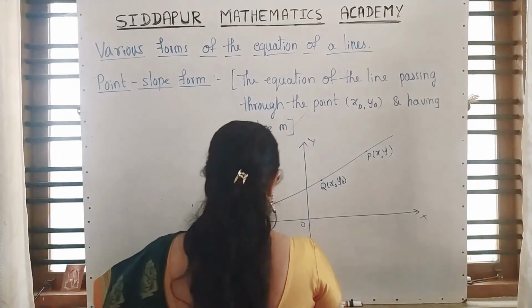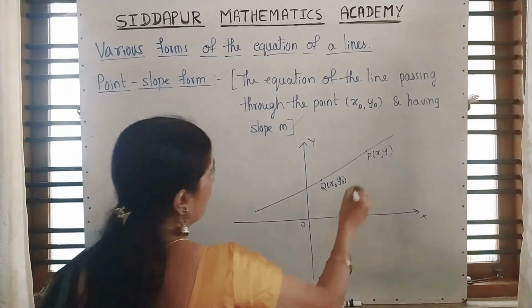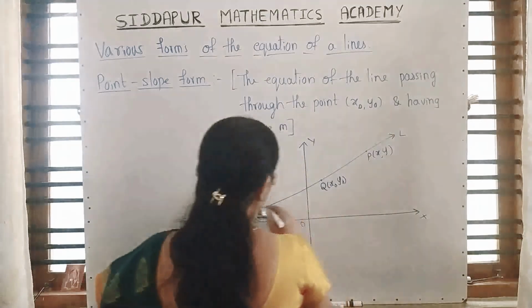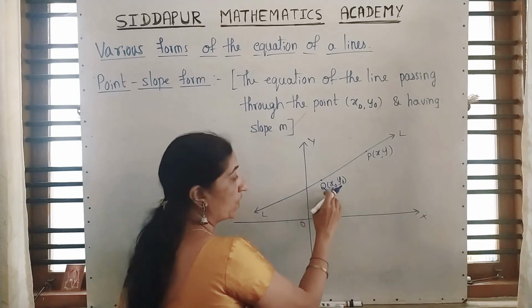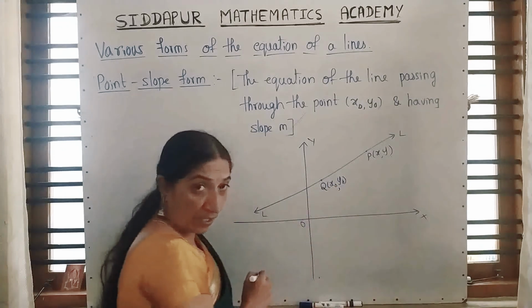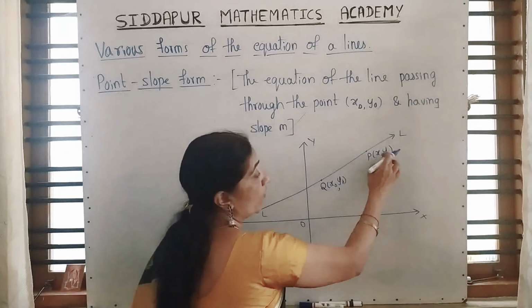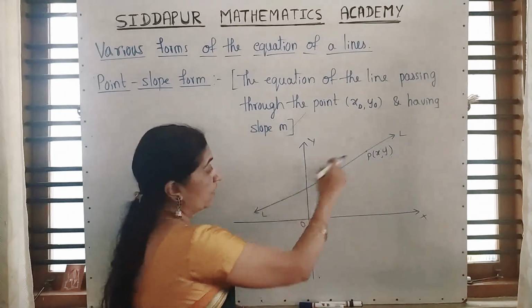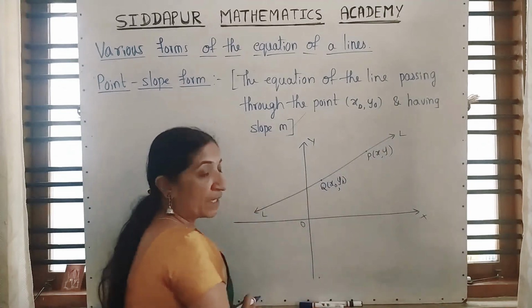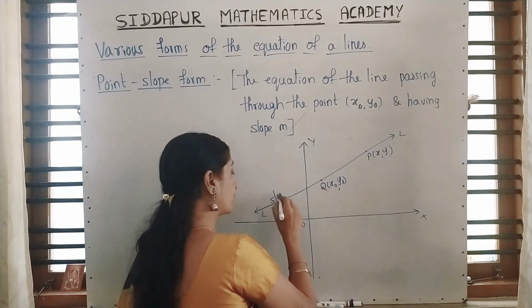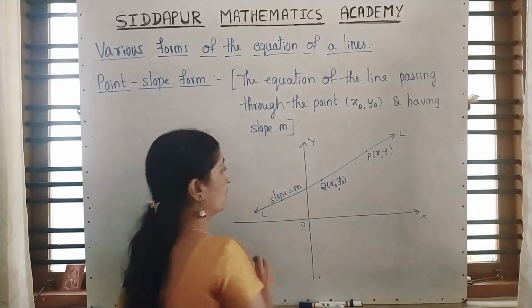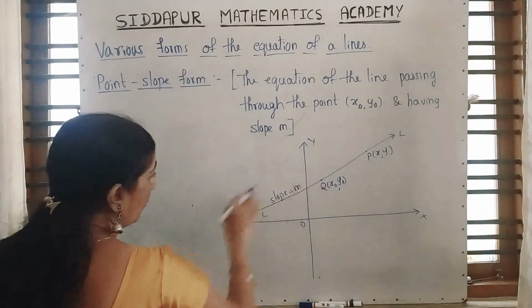This is the origin, and this is the line L. Now see, consider the line L. On that Q, x0, y0 is a fixed point, and P, x, y be any arbitrary point. You can take anywhere. And the slope of the line is m. Understood? So write down about this figure.